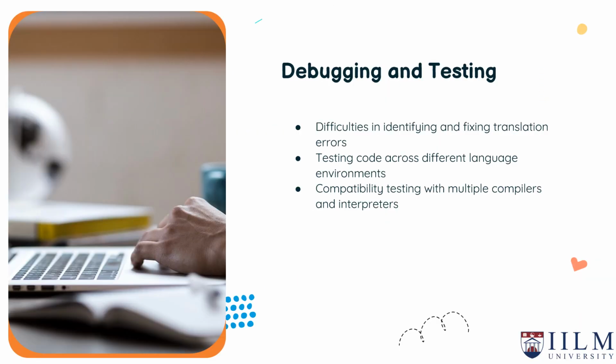Then of course debugging and testing after designing that particular framework. We need to debug it and test how it is running, how it is compatible with what we need, and how the goal has been achieved. We have to test that in different language environments, with compatibility testing on multiple compilers and interpreters.